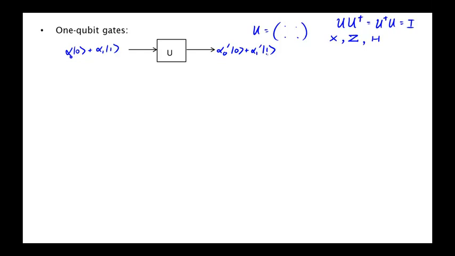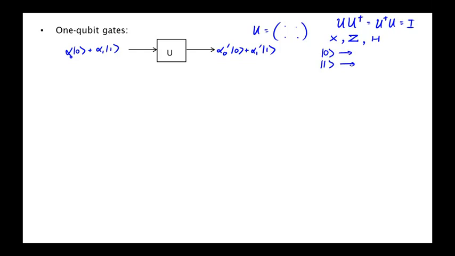Now, of course, you remember that you could prescribe this rotation, the unitary rotation, by either specifying the unitary matrix, or you could just say 0 gets mapped to what and 1 gets mapped to what. Right?